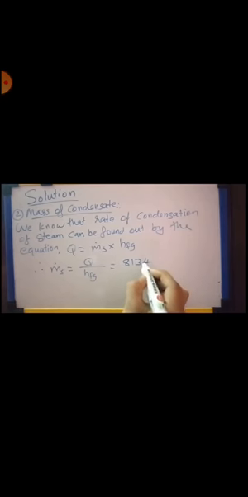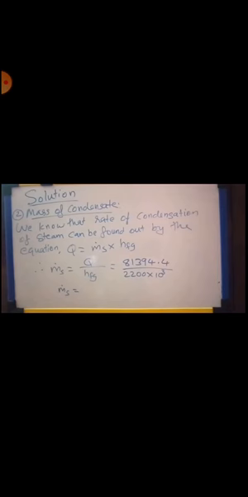Therefore, m dot s is equal to Q divided by hfg, that is 81394.4 divided by hfg, which is given as 2200 kilojoule per kilogram.